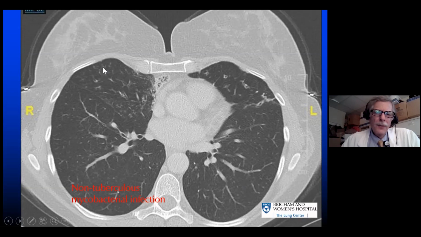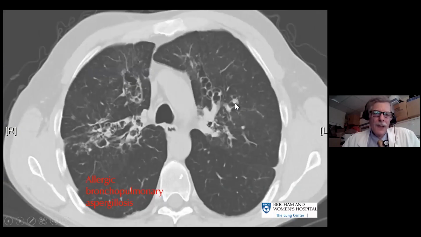Tree in bud nodules, bronchiectasis in the periphery, particularly middle lobe and lingula, might make you think about this diagnosis. And here again, a dramatic pathognomonic, I think, image: central bronchiectasis, big dilated airways, not in the periphery, but here centrally. This would be very characteristic of allergic bronchopulmonary aspergillosis.